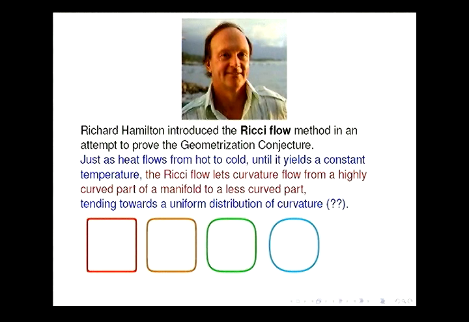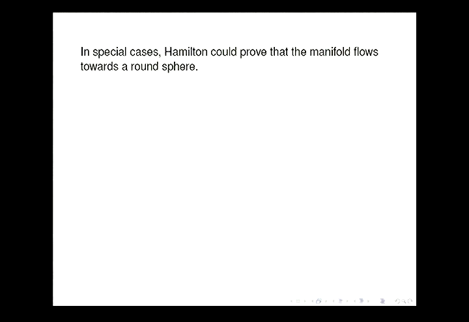And in the limit, in this case, it would work. You end up with a perfectly round circle. And in fact, he was able to carry out this argument in special cases.